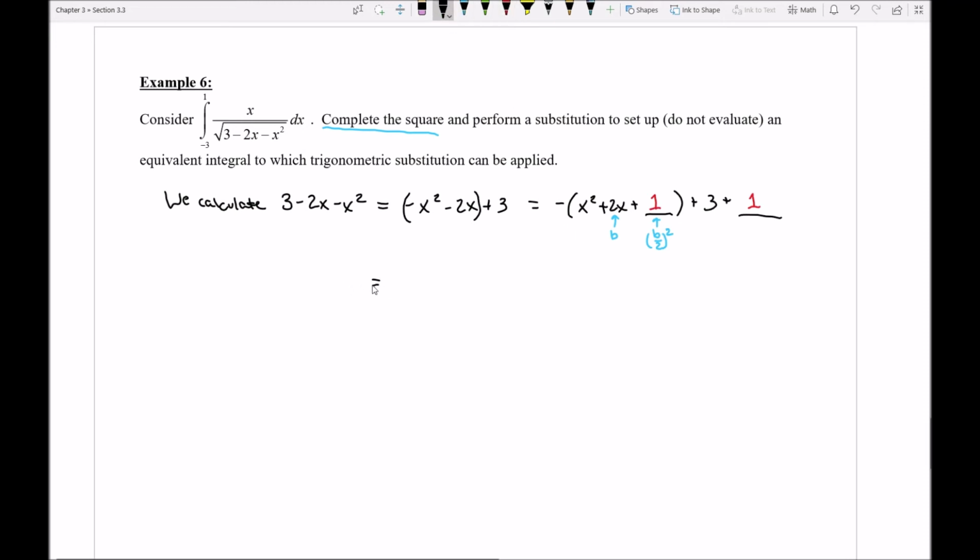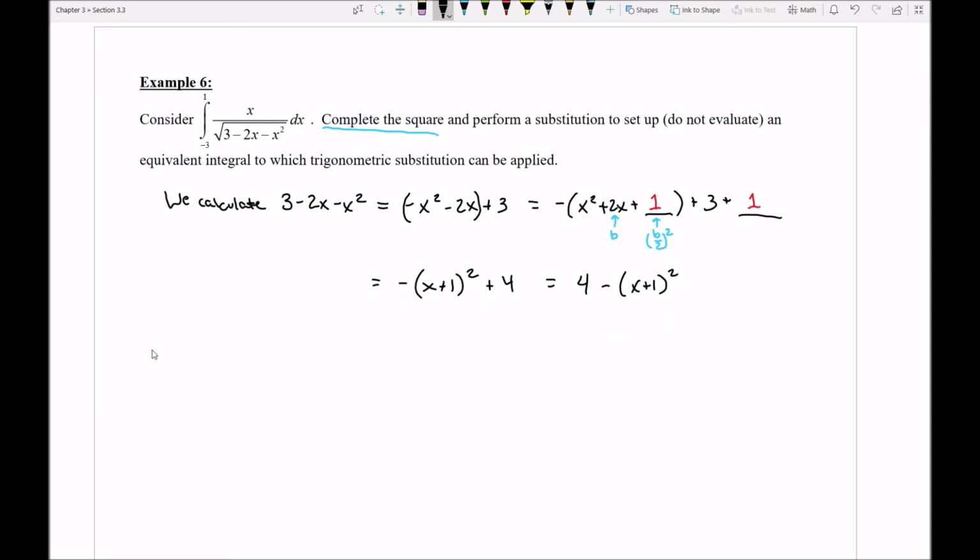The purpose of doing all of this is that now I can rewrite this quantity as x plus 1 all squared plus a 4. And if I want to rewrite that one more time, I could express that as 4 minus (x plus 1) squared.